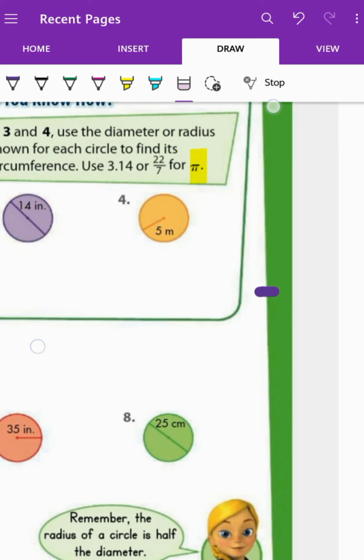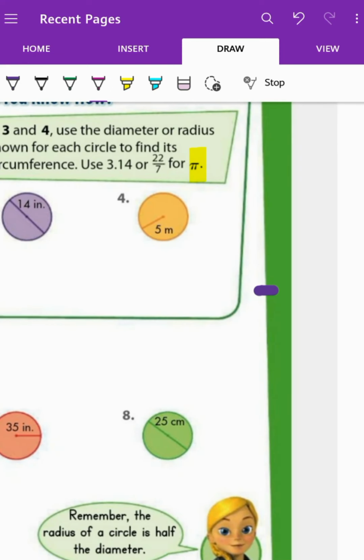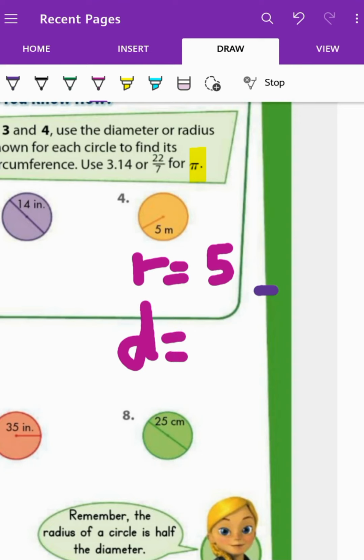Number 4, it is a radius. R equals 5. So, can you tell me what D is? D is 10.